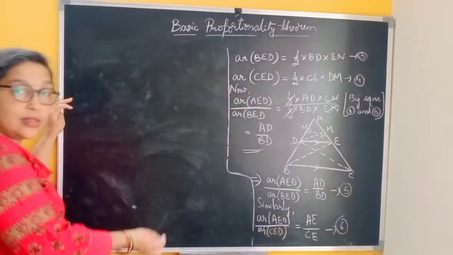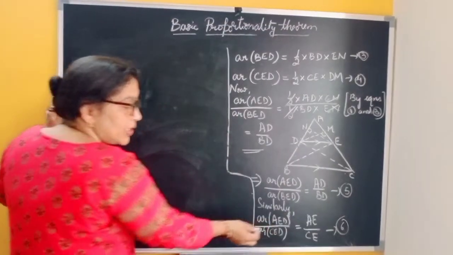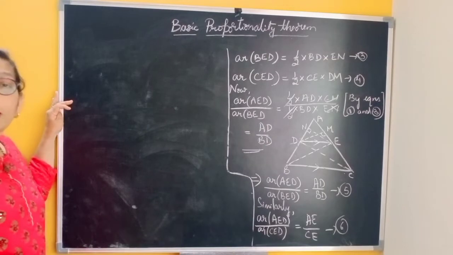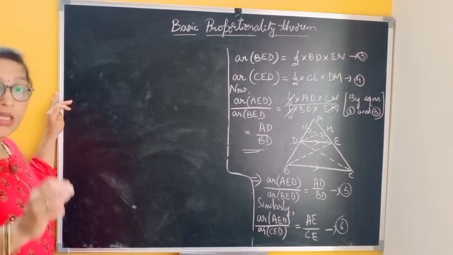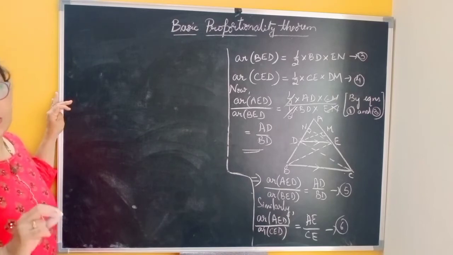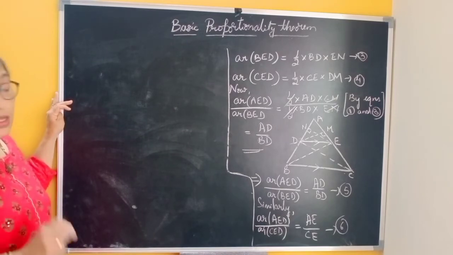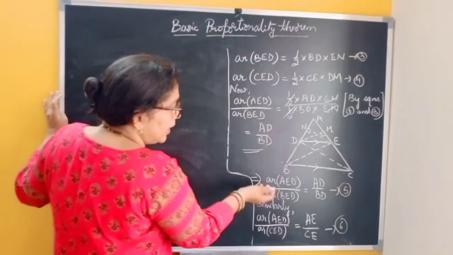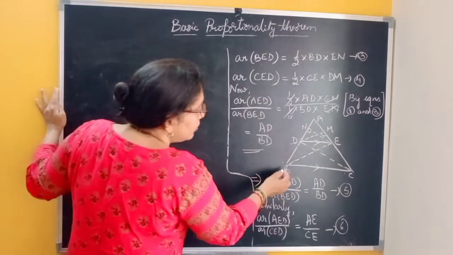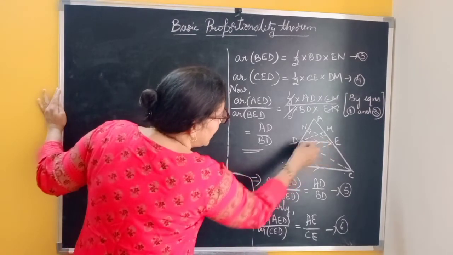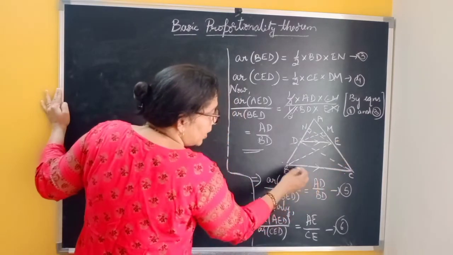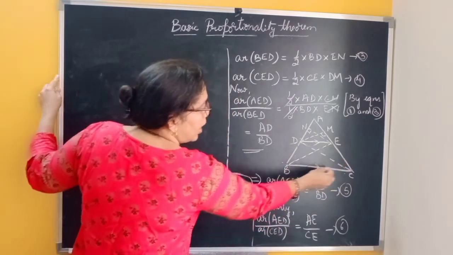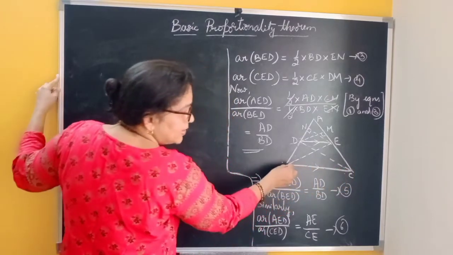Now, let us continue the proof with these two equations. In 9th standard, you have learned that areas of triangles on the same base and between the same parallels are equal. See the figure carefully. We have two triangles, BED and BCE, standing on the same base BC.